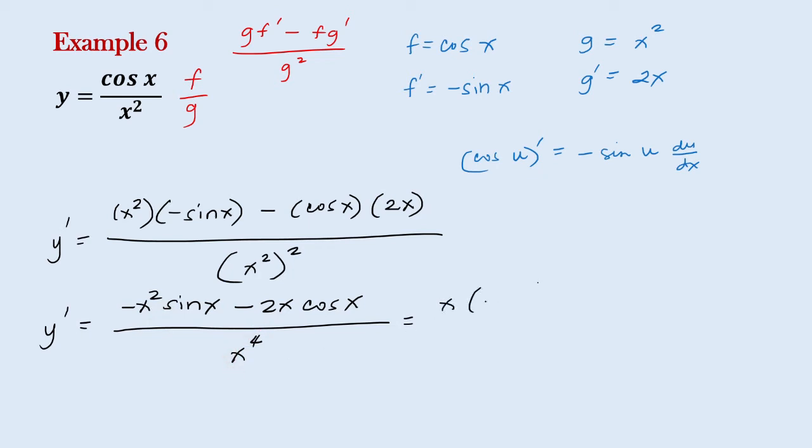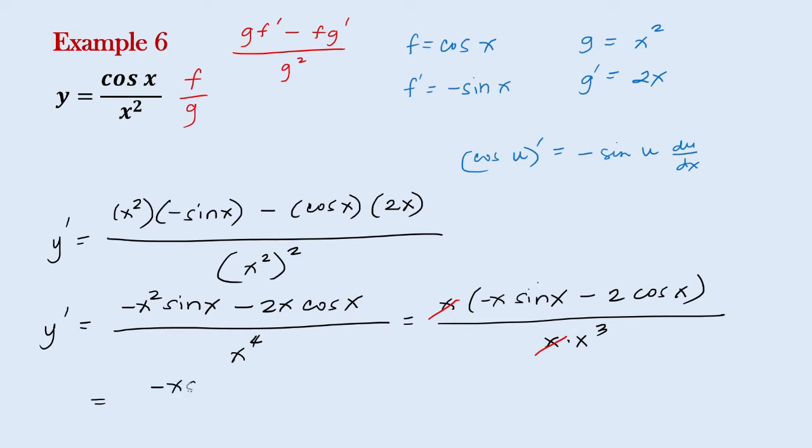So we have x times negative x sine x minus 2 cosine x over, so this would be x times x cubed. So we can cancel x. Therefore, the derivative of the given function would be negative x sine x minus 2 cosine x over x cubed.